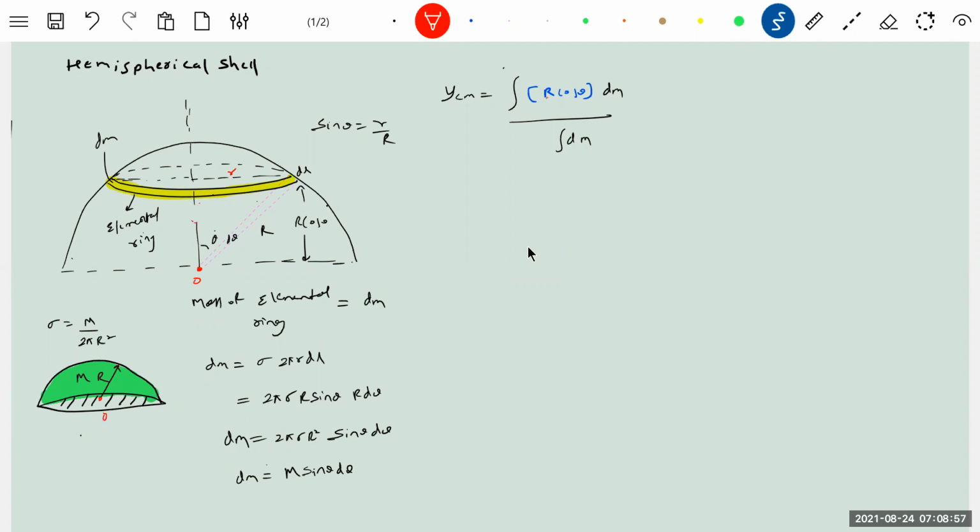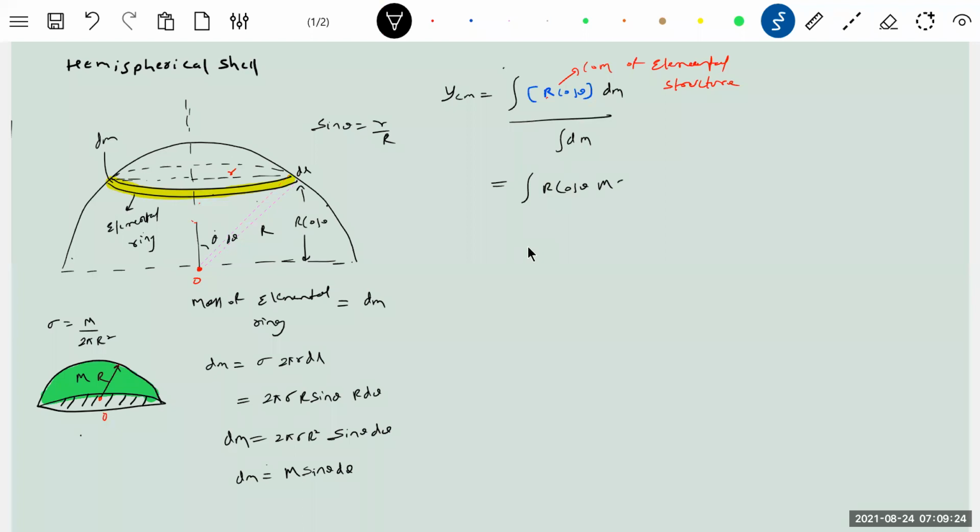What is this in the definition? The center of mass of the elemental structure. So once again, what is this? The center of mass of the elemental structure. I think this will be very easy if you can manage this one.